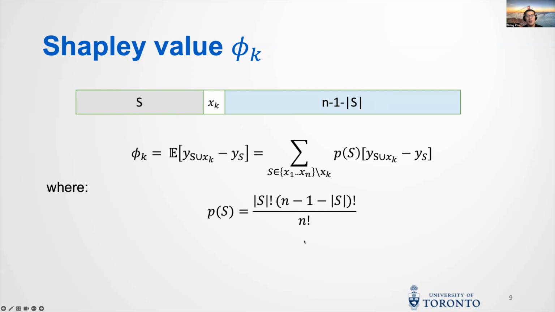There's n factorial. So you divide the number of orderings that can form this combination by the total number of possible scenarios, which is n factorial here, to get the probability of this set. Now you have the probability of this combination S. You multiply the probability with the difference of the game outcomes, and sum them up over all the possible coalitions. This will give you the Shapley value.